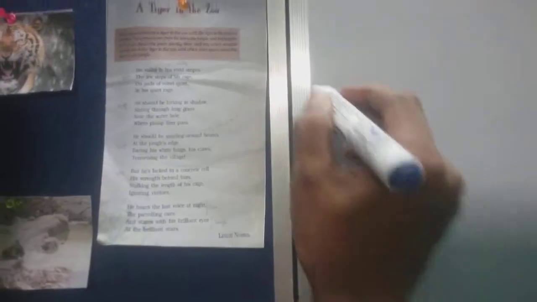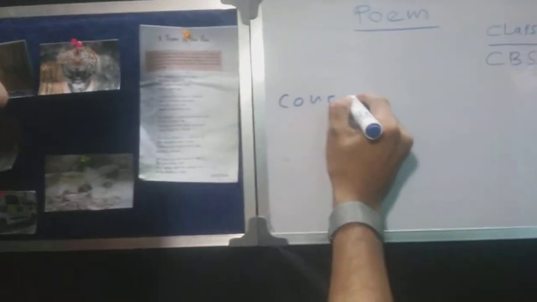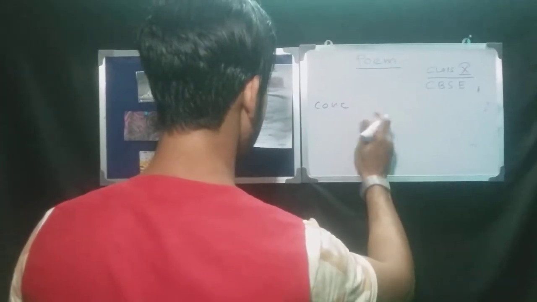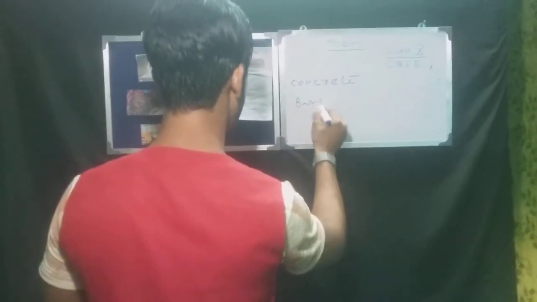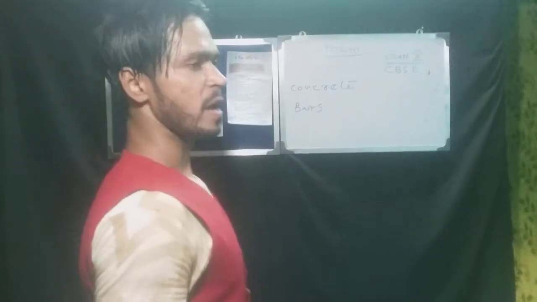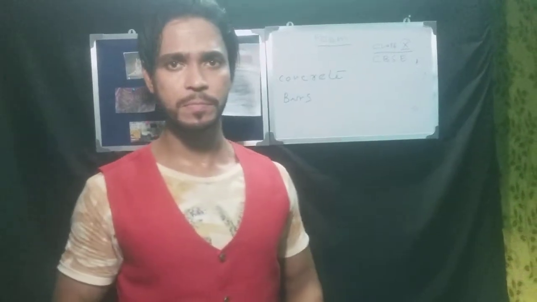But he is locked in a concrete cell, his strength behind bars, stalking the length of his cage, ignoring visitors. Now here concrete means strong building materials, and bars means cell. Now the poet says in this stanza, the tiger is confined.